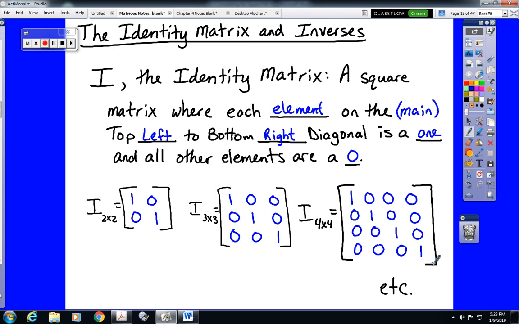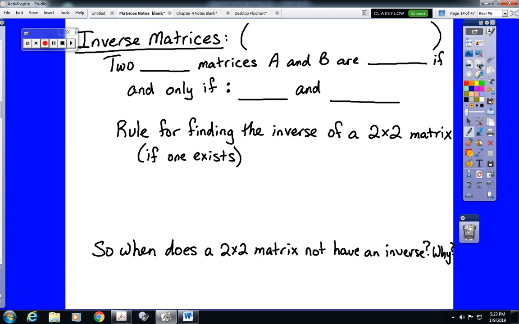Alright, on to inverses. By the way, inverse matrices only apply to square matrices. If it's not square, it doesn't have an inverse matrix.